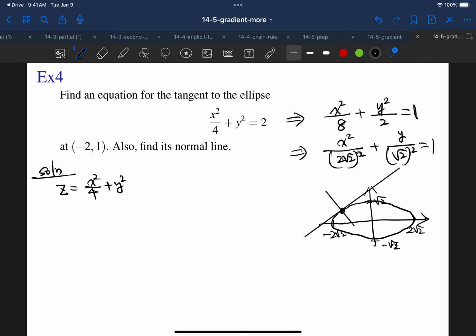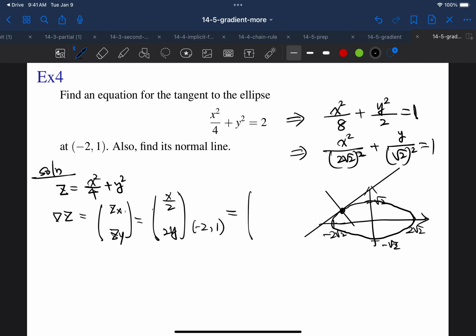So for the normal line, it has a slope the same as the gradient. So we want to look at the gradient of z, which is zx, zy, and if you compute, this is x over 2 and 2y. And if you put in -2, 1, the actual numbers, then this is -1 and 2.